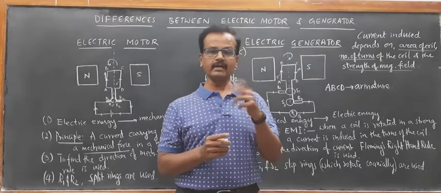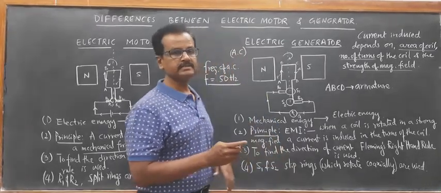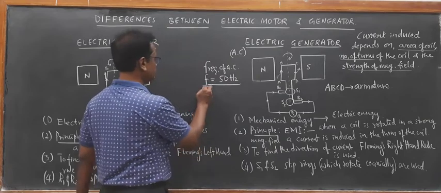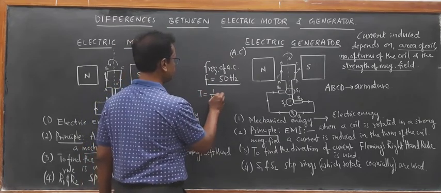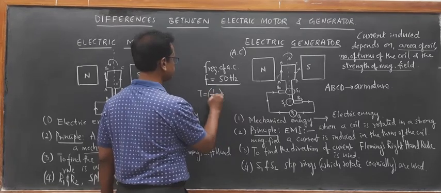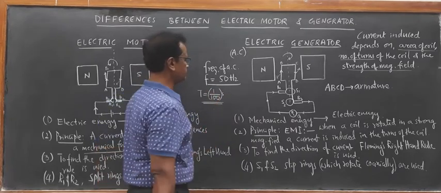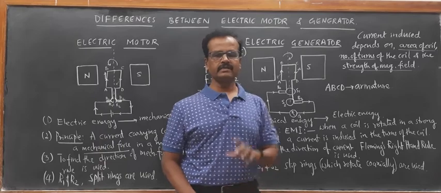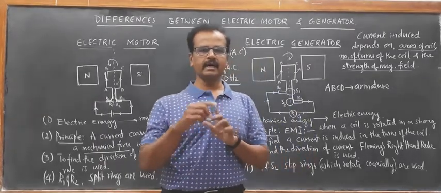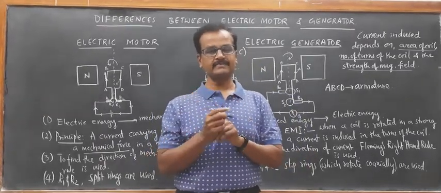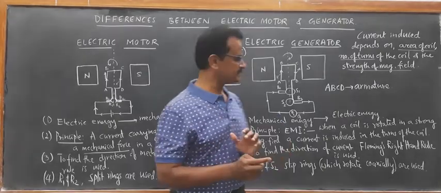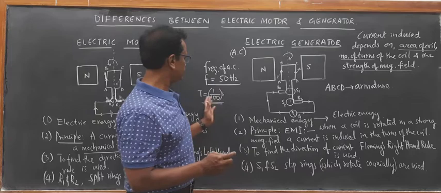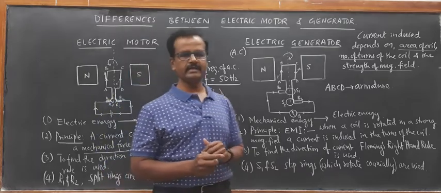That means the time period is 1/100th of a second. It means in 1 second, the current reverses 100 times. That is the meaning of the frequency of alternating current.